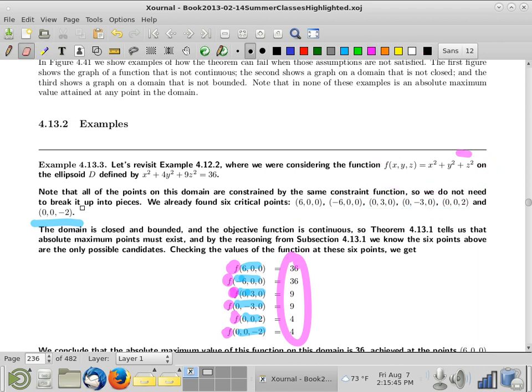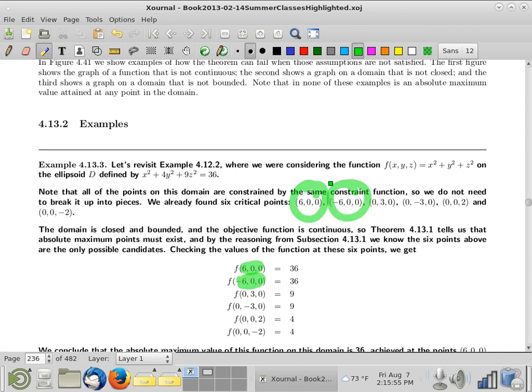And it follows at a glance that these 2 points are your absolute, your global maximum value points. And the global maximum value of the function is 36, achieved at these 2 points here.